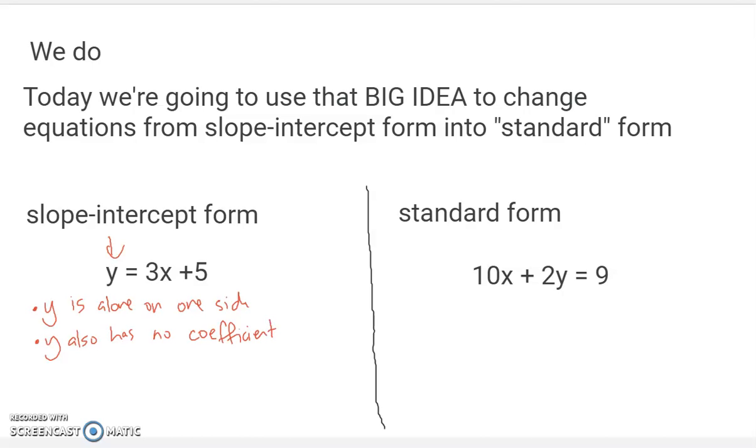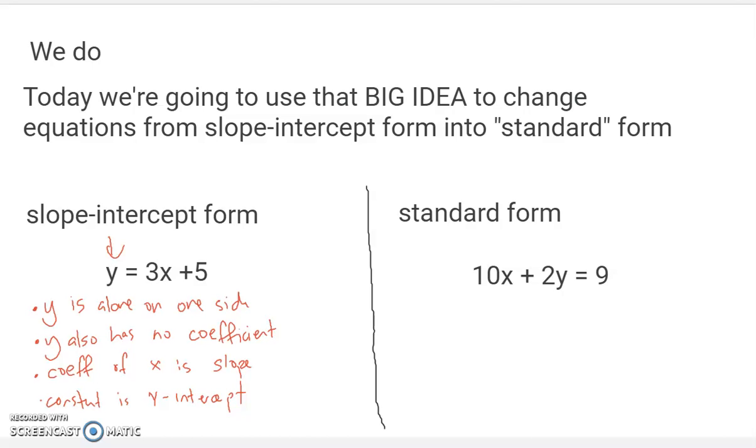It has to be y equals like that. Two other things. The coefficient of x is the slope, and the constant is the y-intercept. That's what we know about slope-intercept form so far. Go ahead and pause and write that if you need to.